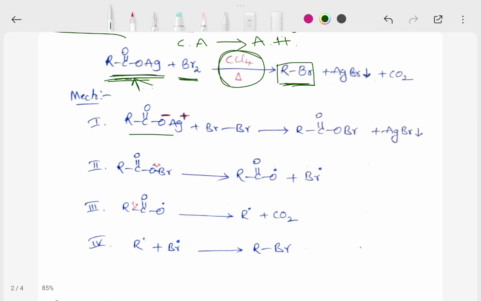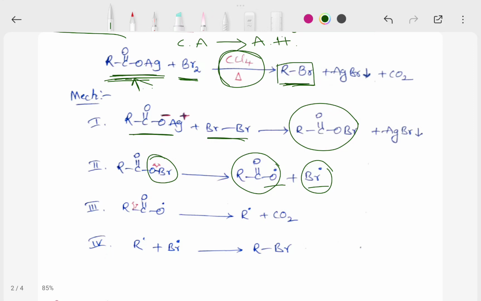Silver carboxylate reacts with bromine to form an intermediate. This intermediate undergoes homolytic cleavage between oxygen and bromine, two electronegative atoms, and two free radicals are formed: bromine radical and carboxylate radical.